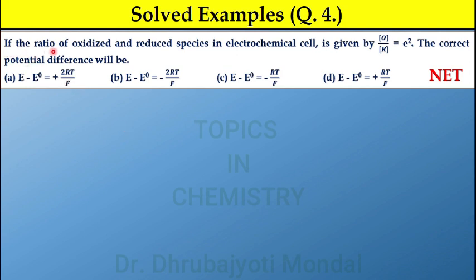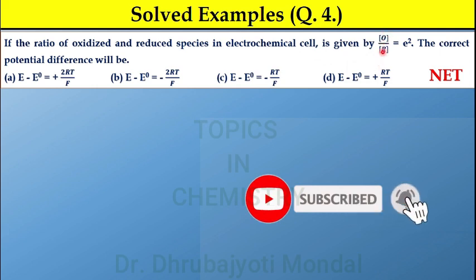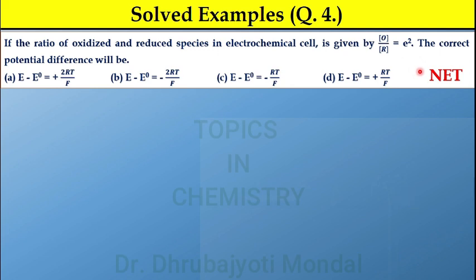If the ratio of oxidized and reduced species in an electrochemical cell is given by O divided by R equal to e squared, the correct potential difference will be: number 1, E minus E0 is equal to plus 2RT by F; number 2, E minus E0 is equal to minus 2RT by F; number 3, E minus E0 is equal to minus RT by F; or number 4, E minus E0 is equal to plus RT by F. Now see what is the answer.